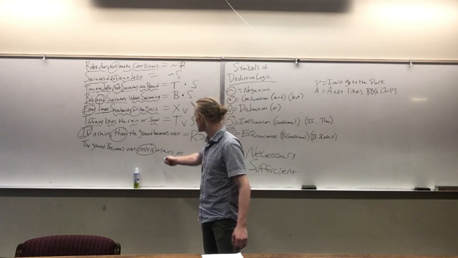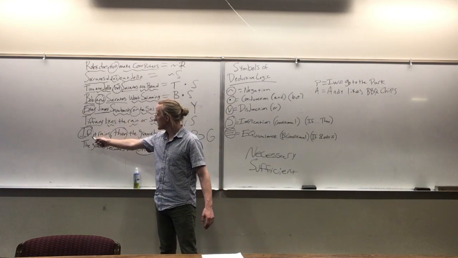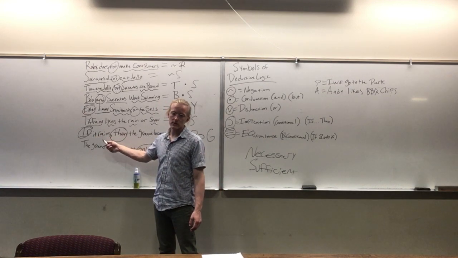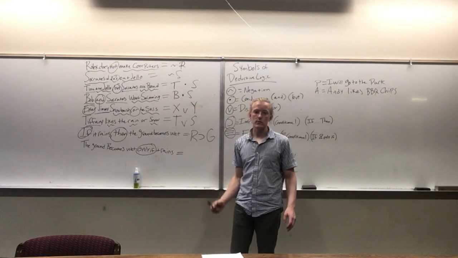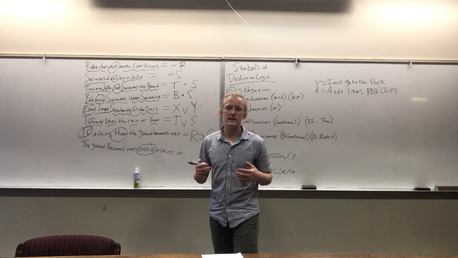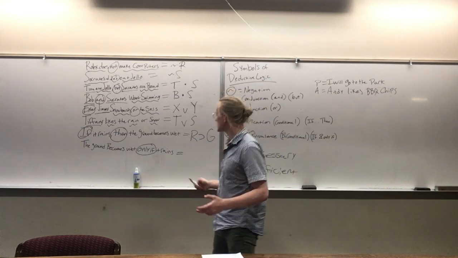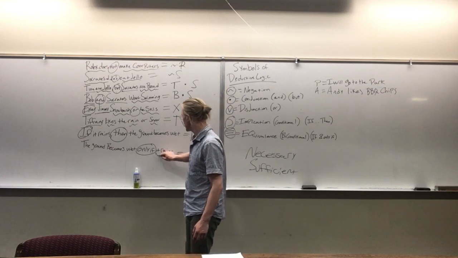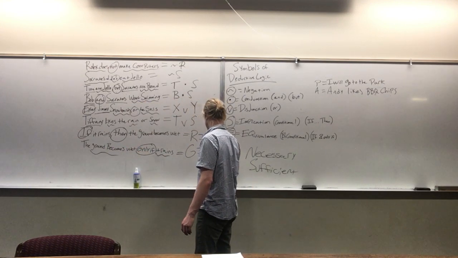Because what only if does, when if indicates the antecedent, only if indicates a consequent. When we say only if, we mean that it's a necessary condition. This would be represented as if G, then R.